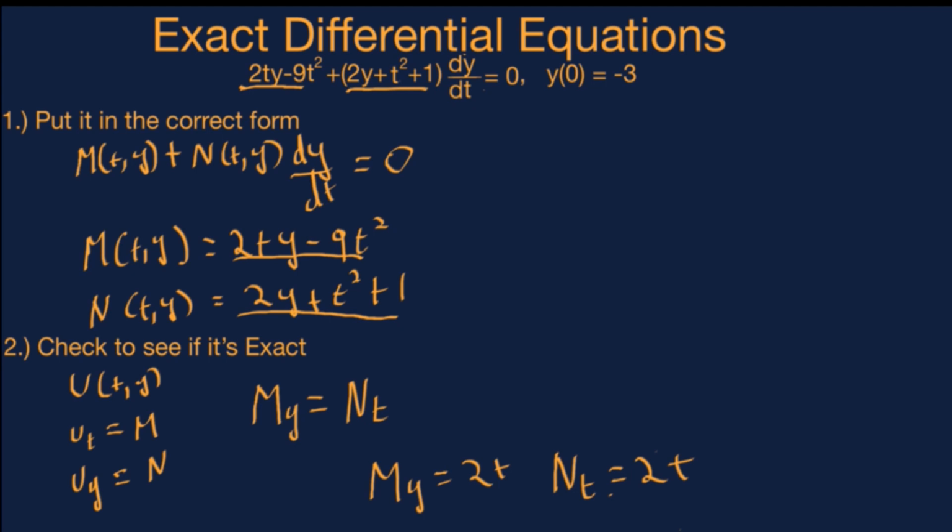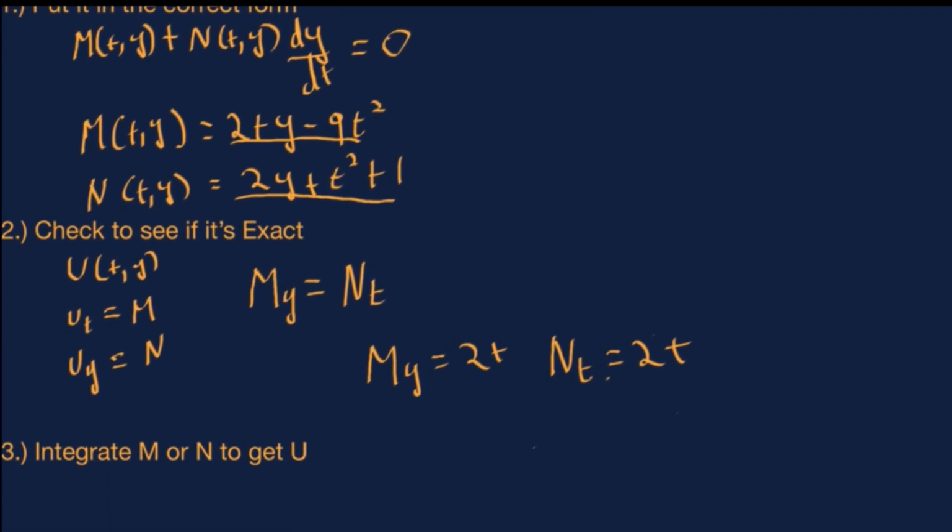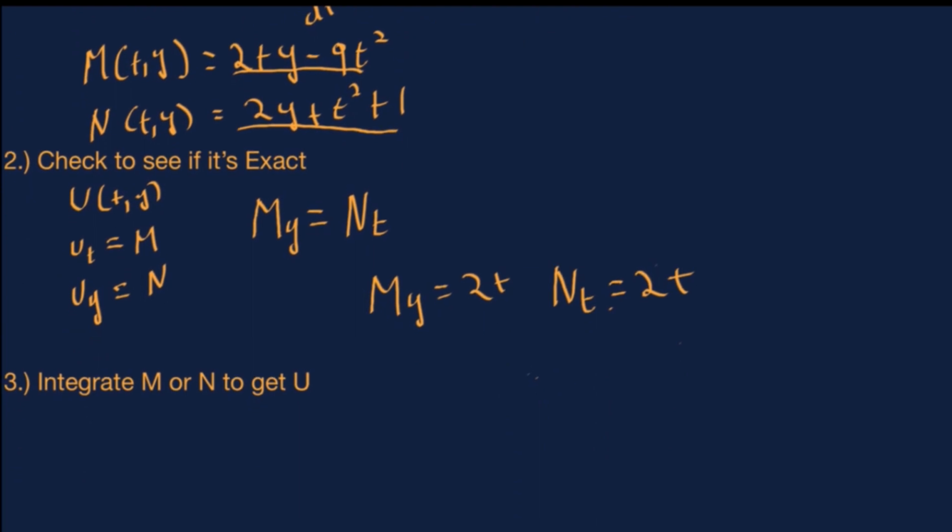So to find the function u, we can integrate either M or N, and let's go ahead and choose M. So we can say that the function u of t and y is equal to the integral of the function M of t and y with respect to t. Now if we chose the function N, then we would have to integrate with respect to y.